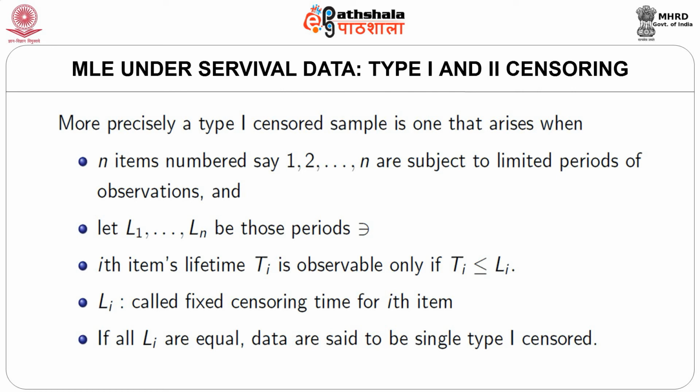Here capital Li is called fixed censoring time for the ith item. If all Li's are equal, the data are said to be single type 1 censored.